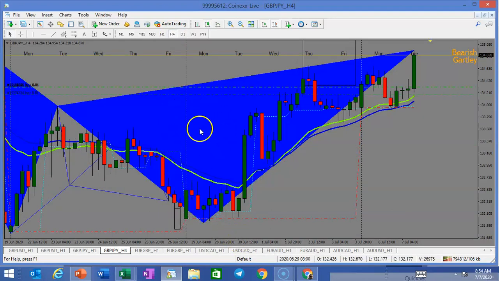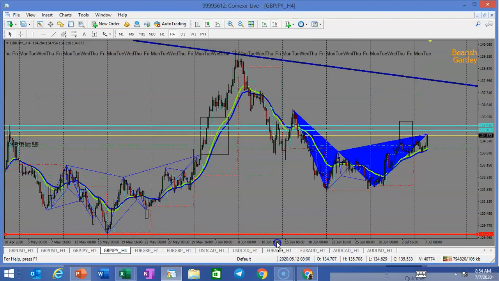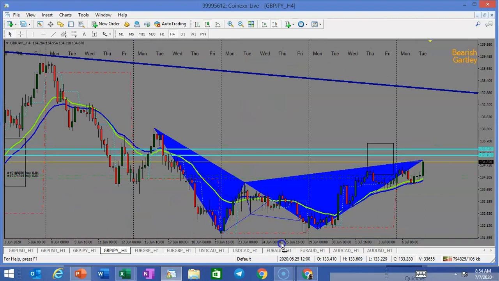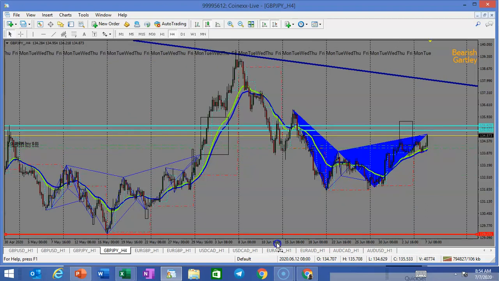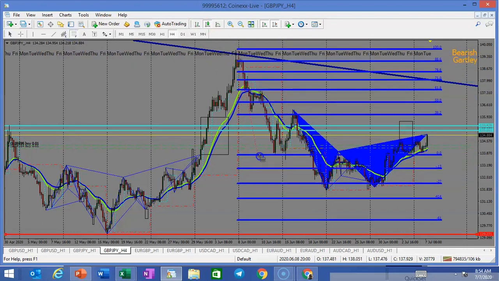Ignore this indicator. I do have an indicator that shows different harmonic patterns, but they're not always accurate. I do want to take the retracement of this to see where we are.